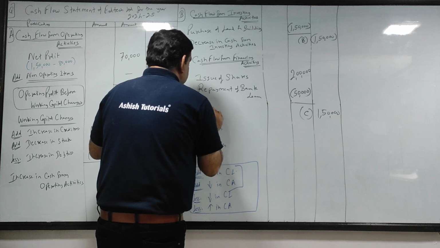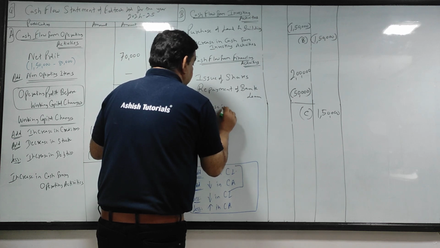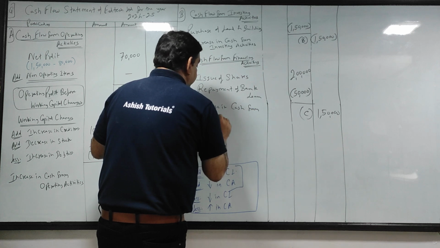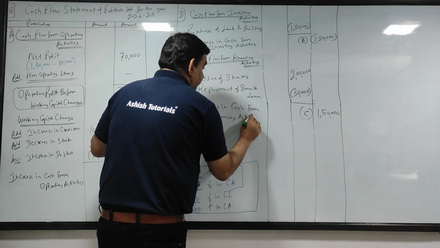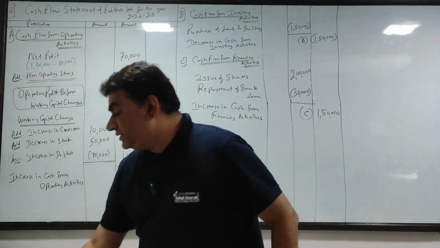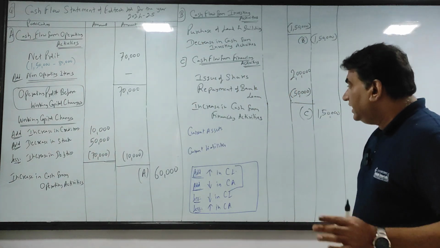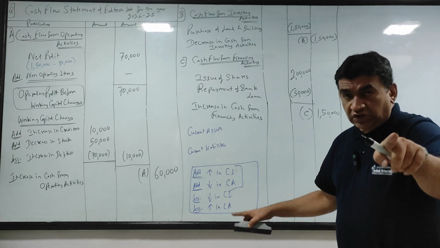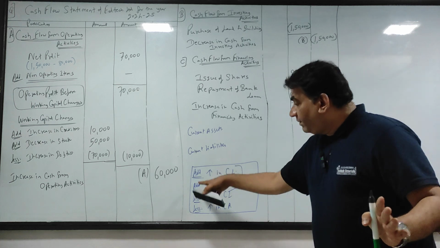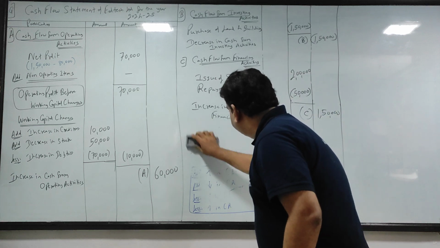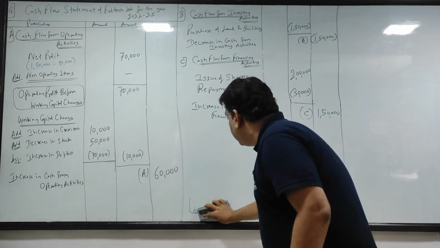So against this, you write increase in cash from financing activities. Guys, please write this down. अगर नहीं लिखा, video pause करो, I am rubbing it out. Okay, ये बराबर लिखो, wherever you remember, write it there. Okay, clear with this guys?